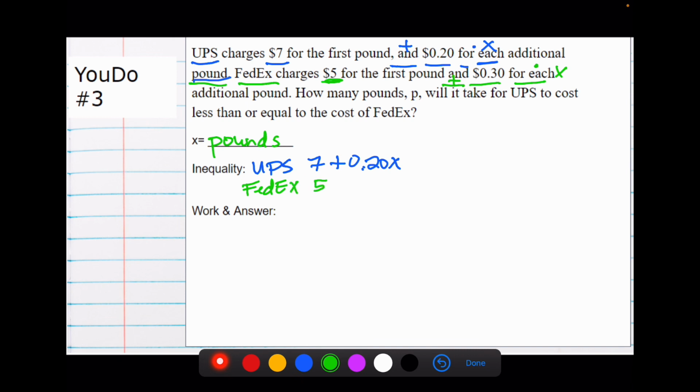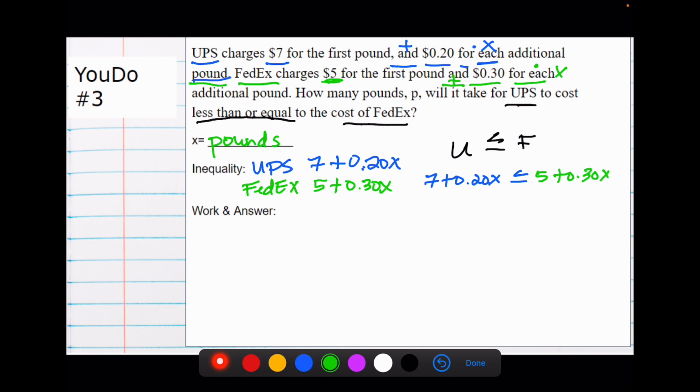FedEx, $5 plus 30 cents X. And it says, how many pounds will it take for UPS to cost less than or equal to the cost of FedEx? So it tells us what order we need to write this in. So it'll be written as such, 7 plus the 20 cents X has to be less than or equal to 5 plus the 30 cents X.